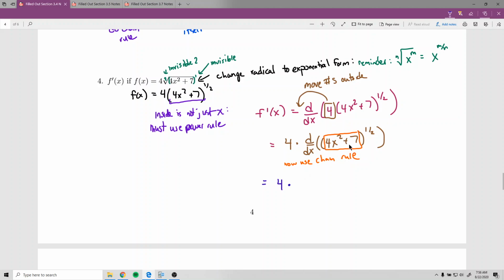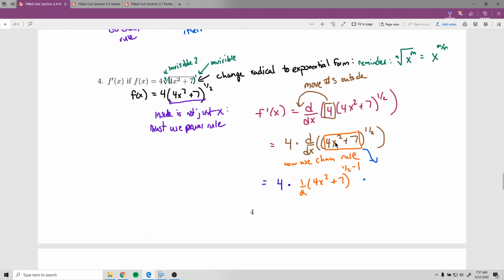Then when we do the derivative of this, we start with the power rule. So we get 1/2, bring the power down, we rewrite the inside, we subtract 1 from the power, 1/2 minus 1, I'll just leave that as 1/2 minus 1, and then we multiply by the inside derivative.